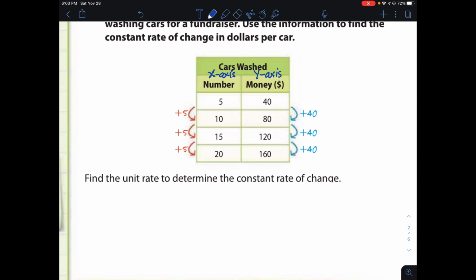If we do this, we can designate the $40 as the change in y, because we are looking at the change in the y-axis, and the number of cars washed can be our change in x, because when we look at our x-axis, that's where we can see the change on the x-axis.